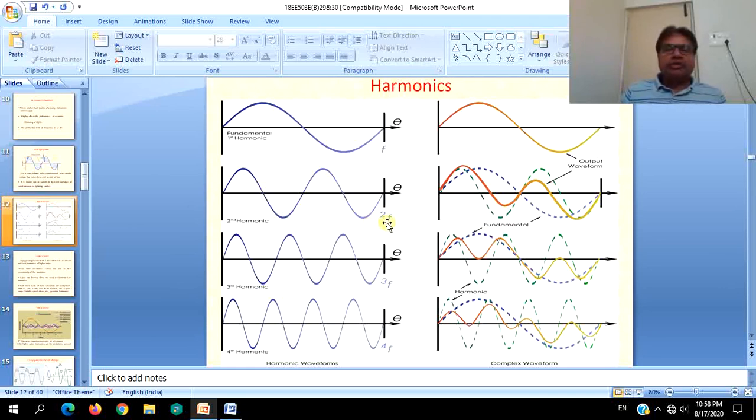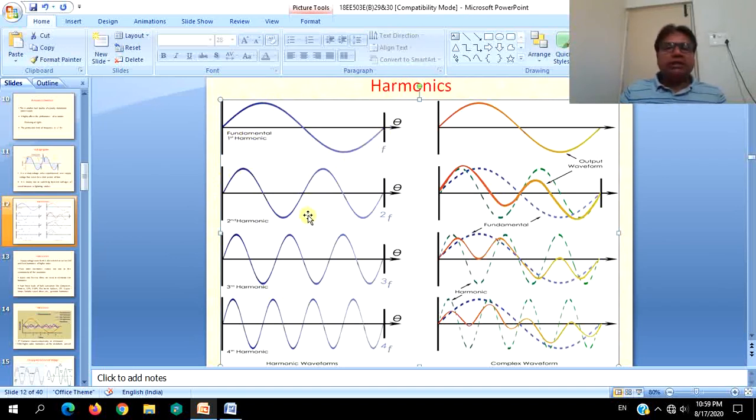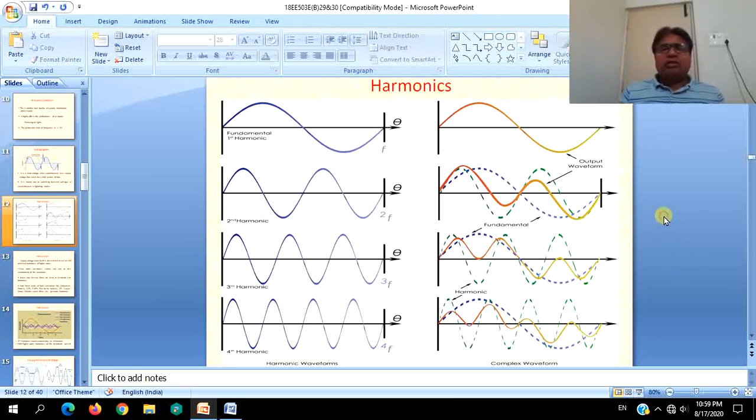Second harmonic means its frequency is twice the original frequency. So when the actual waveform completes one full cycle, the second harmonic completes two full cycles. Likewise, the third harmonic completes three cycles, the fourth harmonic completes four cycles, then the fifth harmonic, seventh harmonic, likewise. All the harmonics are divided into odd and even harmonics.